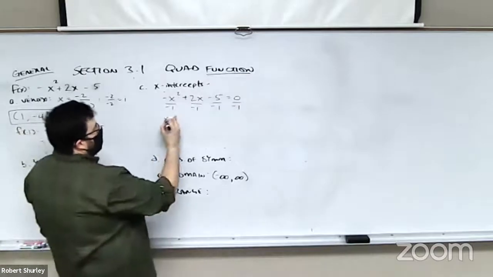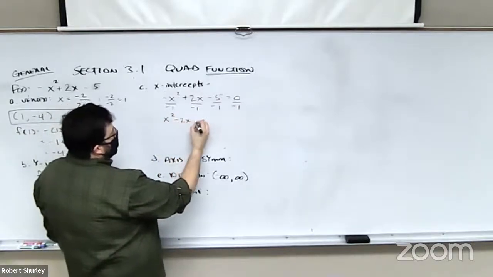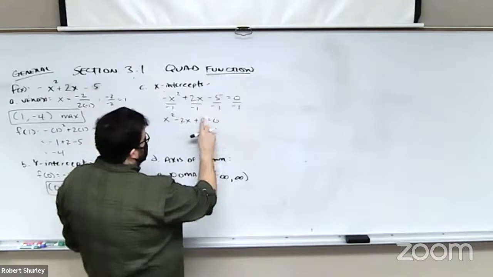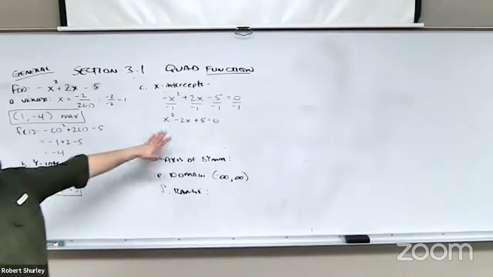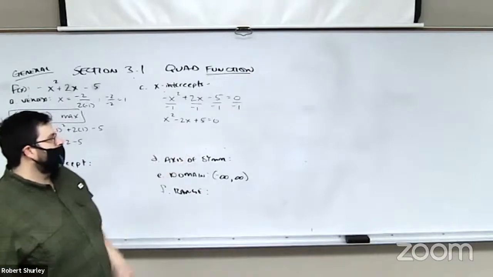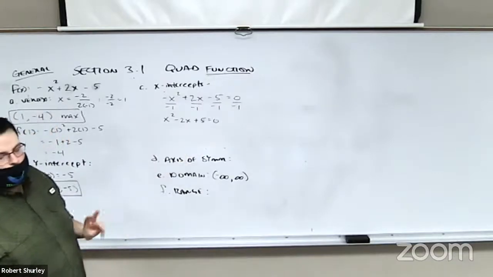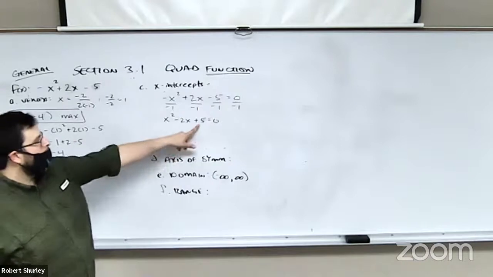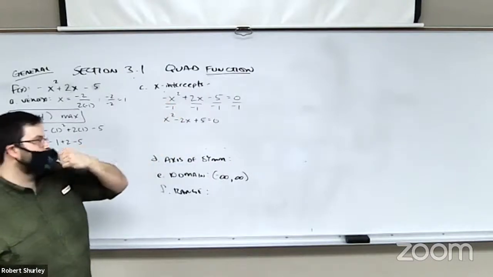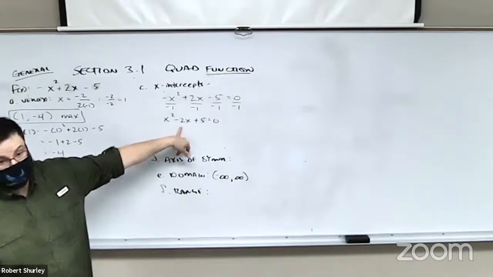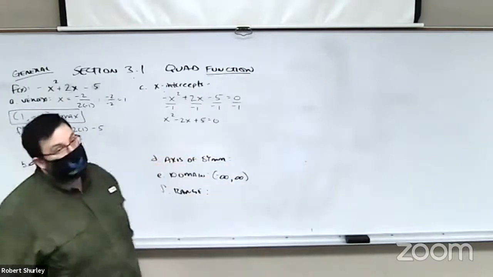So this winds up being x squared minus 2x plus 5 equals 0. Now look, this does not factor, because 5 is only 5 times 1 or negative 5 times negative 1. Neither of those add up to negative 2.